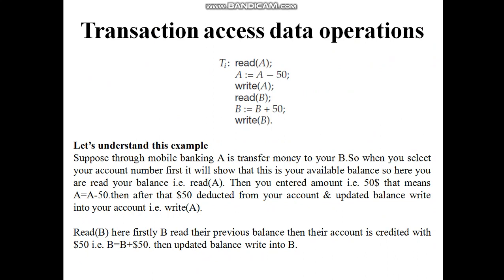After that we are transferring the money from A to B. At the B side, B is reading their previous balance. After that, account B is credited with $50. That means B equals B plus 50, and that updated balance should be reflected in B's account, that is write B.